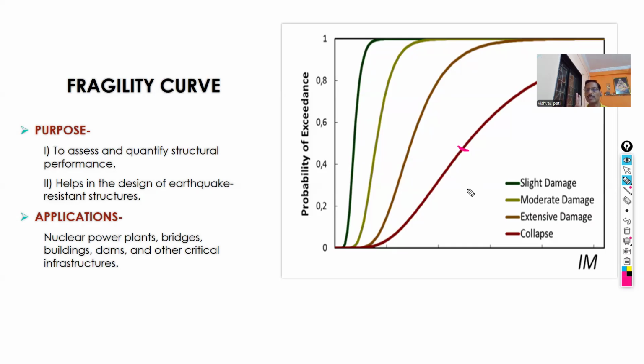These are the only 2 parameters required, and they are estimated from structural analysis. So perform nonlinear analysis, and from that calculate these 2 parameters. Then there is an equation to develop this curve. Just put these 2 values in, and we get the fragility curve.